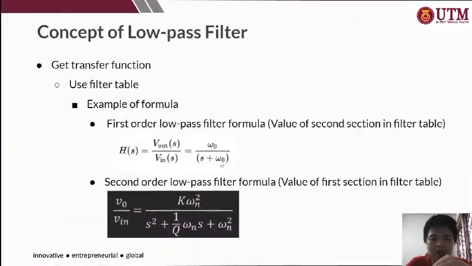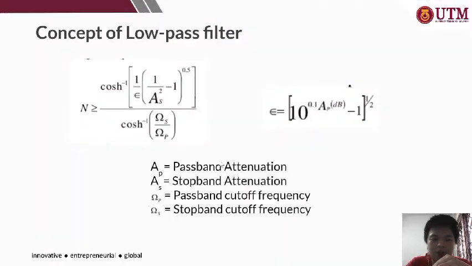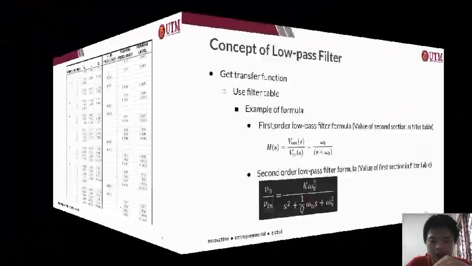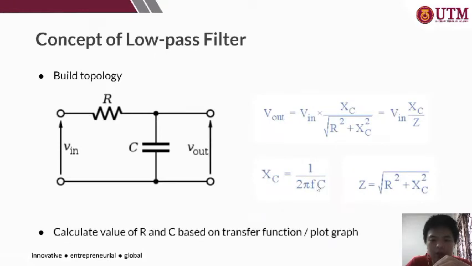Like I mentioned just now, the low pass filter is used to attenuate the high frequency signals. So look at this formula. If the value of frequency increases, the value of Xc decreases. And we look at the formula of voltage out. So frequency up, Xc down.